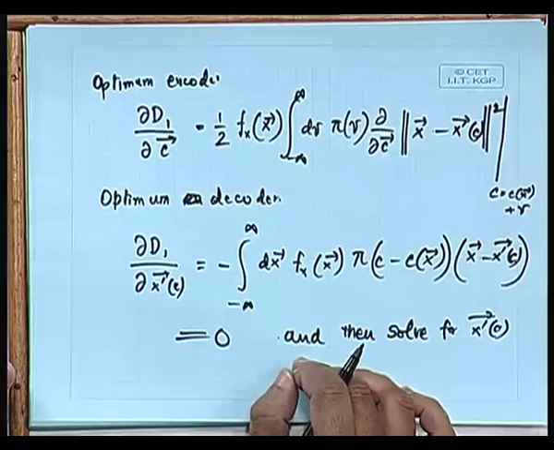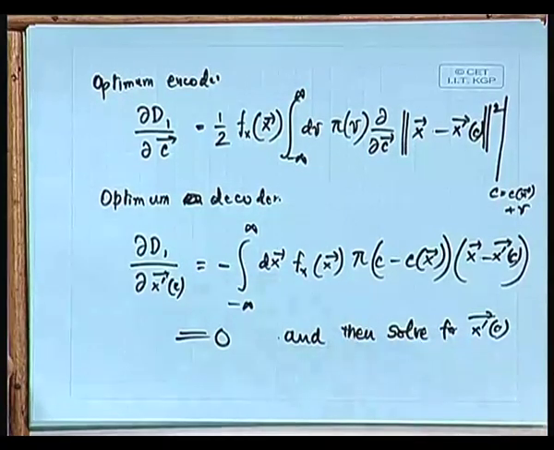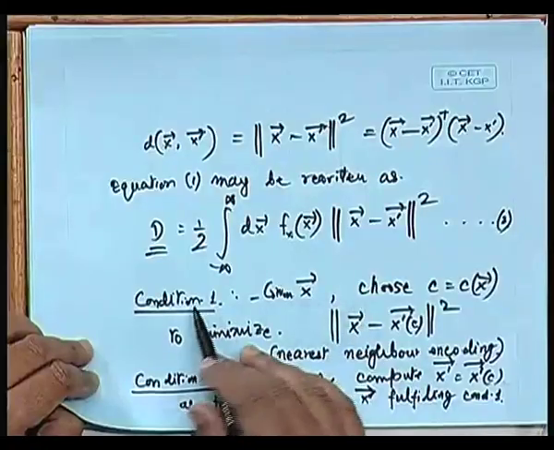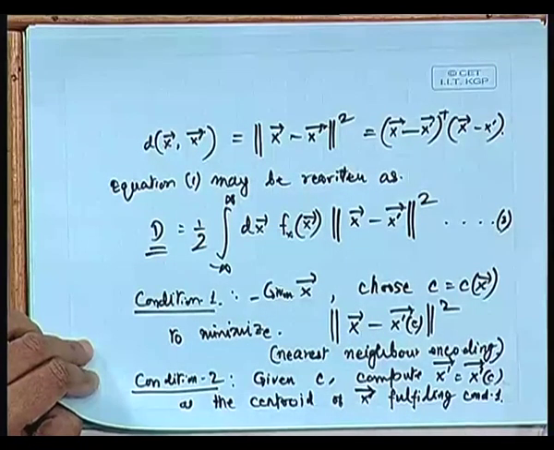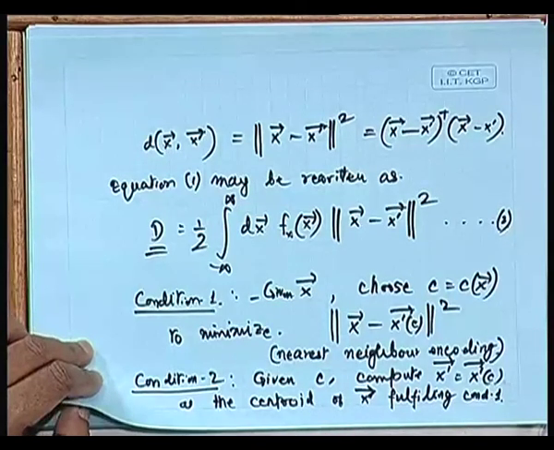Now, the conditions that we had put forward earlier, in the noise free encoder decoder model, were condition 1 and condition 2. Condition 1 was the nearest neighbor condition, and condition 2 was the reconstruction vector condition, where we had said that it will be mapped to the centroid. Now, in this case with the noise model, condition 1 and condition 2 slightly get modified.